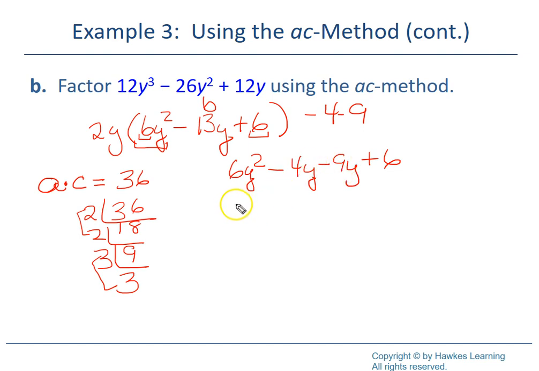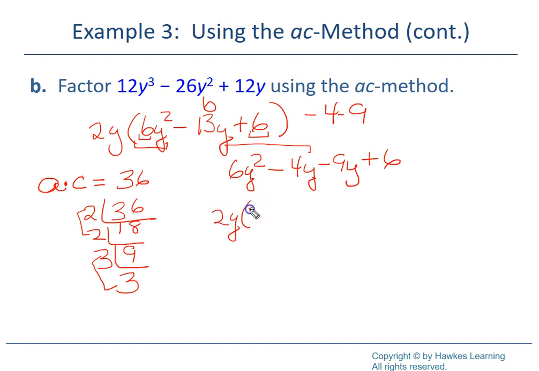So we're going to factor something out of these 2 terms, and it looks like a 3y. No, we can't factor out a 3. It has to be a 2. 2y is better, because it doesn't go into the 4. So 2y.